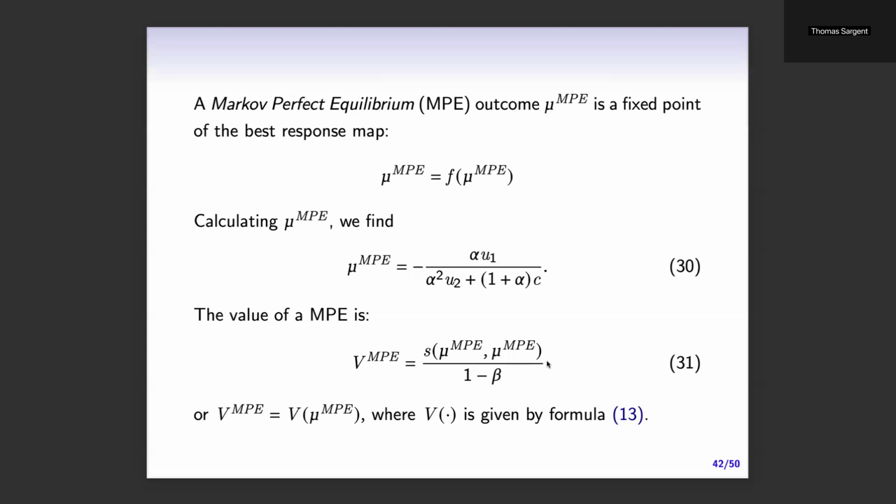We have the original Calvo problem, we have the one constrained to a constant mu, and we have our Markov perfect.